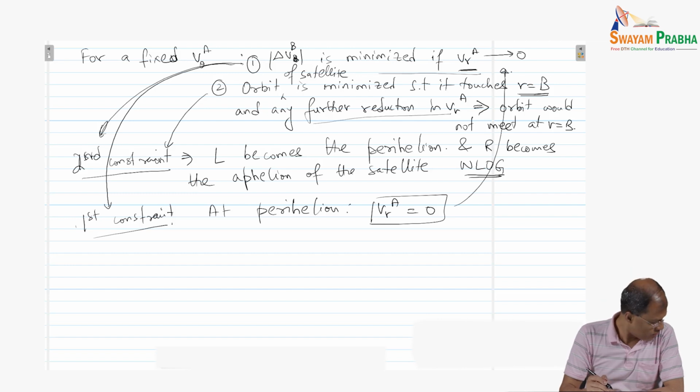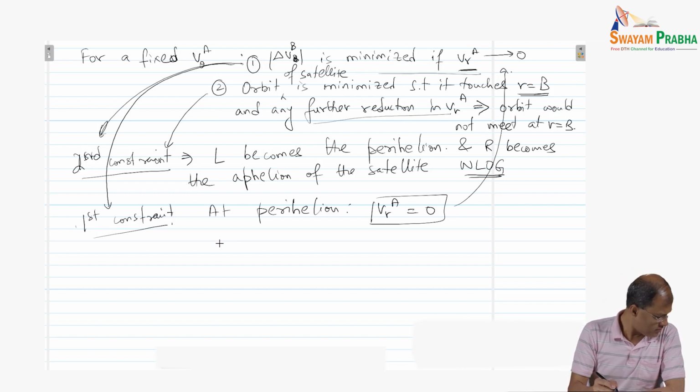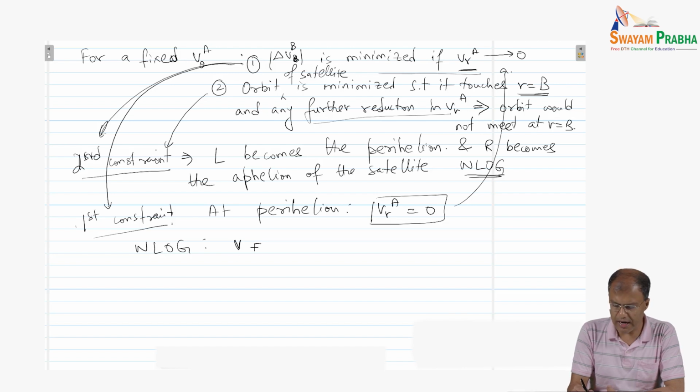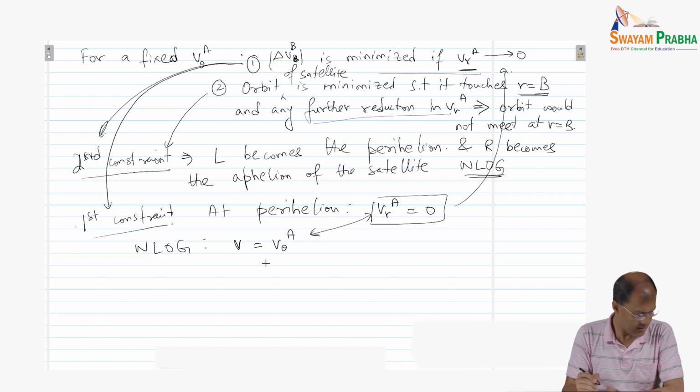Okay. So then, which means that without loss of generality, we have that the orbital speed v at the point of liftoff must be equal to v theta of A, because VR of A is 0, right?